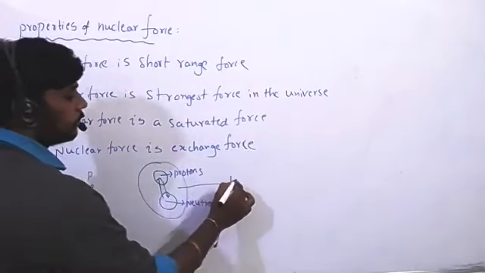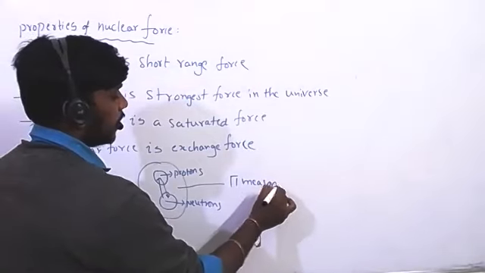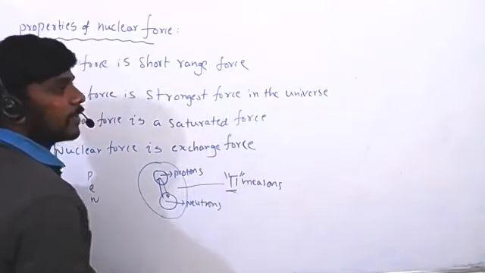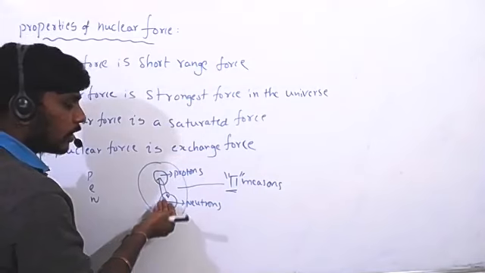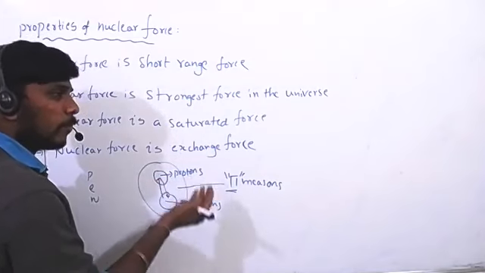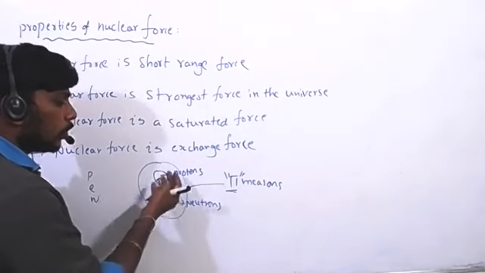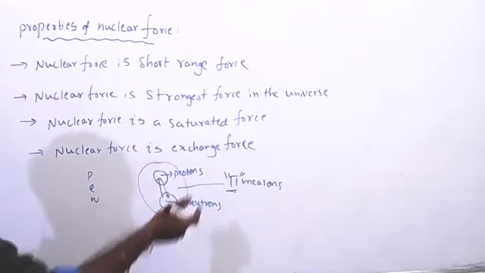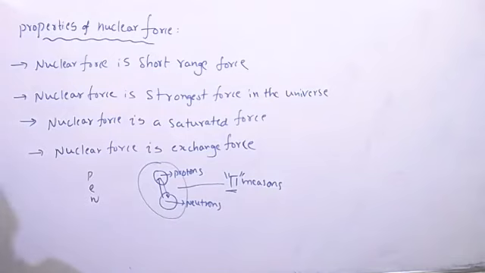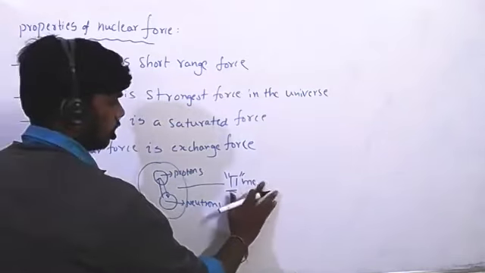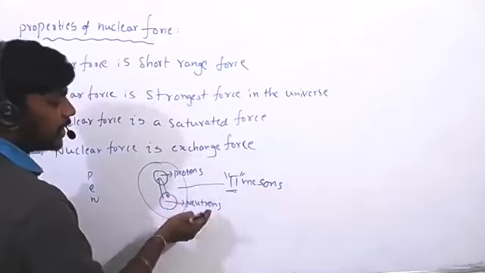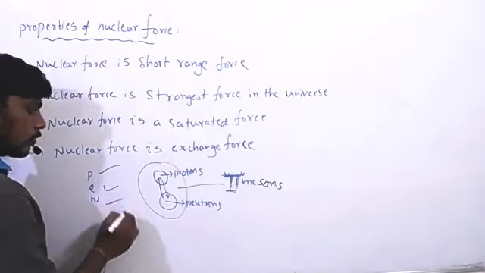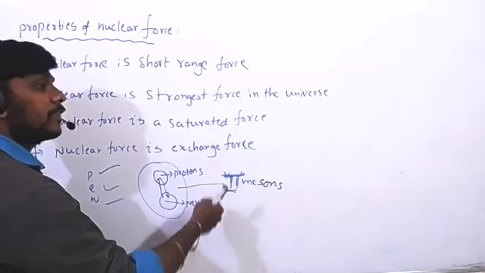Pi mesons are particles, like how protons, electrons and neutrons are there. Pi mesons are also subatomic particles.